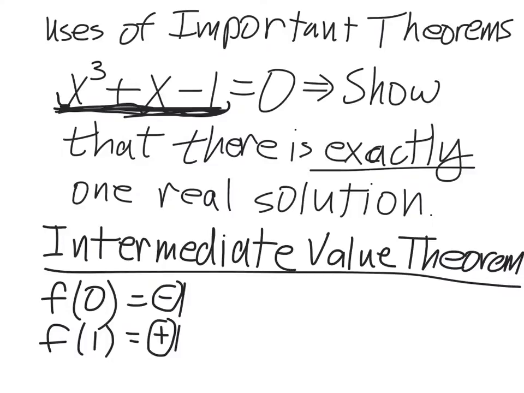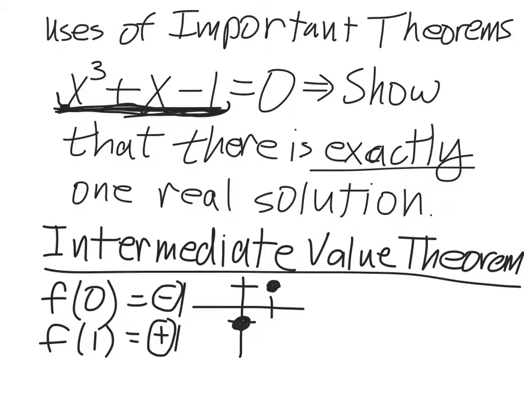There's no holes or jumps. Okay, it's a nice continuous curve. Well, if we look at the idea of the graph, 0, negative 1, we put our point here, and then 1, positive 1 would put another point here.